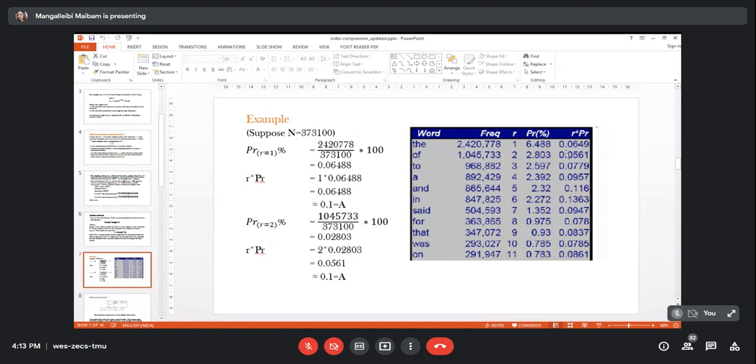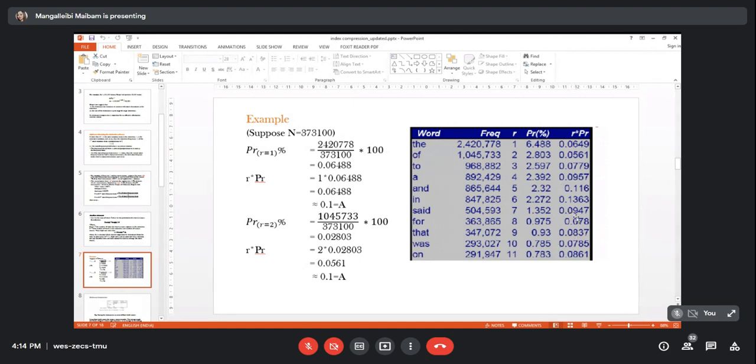You can check from here: 0.06 you can round up and it will be almost similar to 0.1. 0.05, since it is 5, can be rounded to 0.1, and 0.07 also can be rounded to 0.1. 0.09 can be rounded to 0.1, 0.11 can be rounded to 0.1, like this.